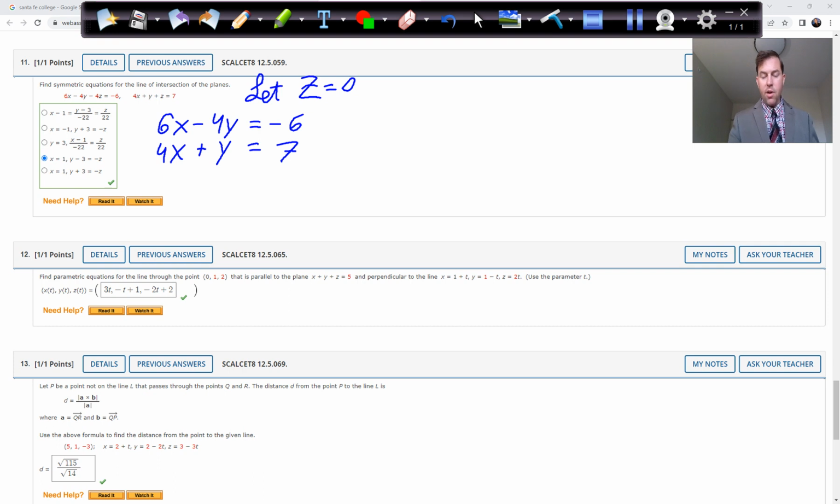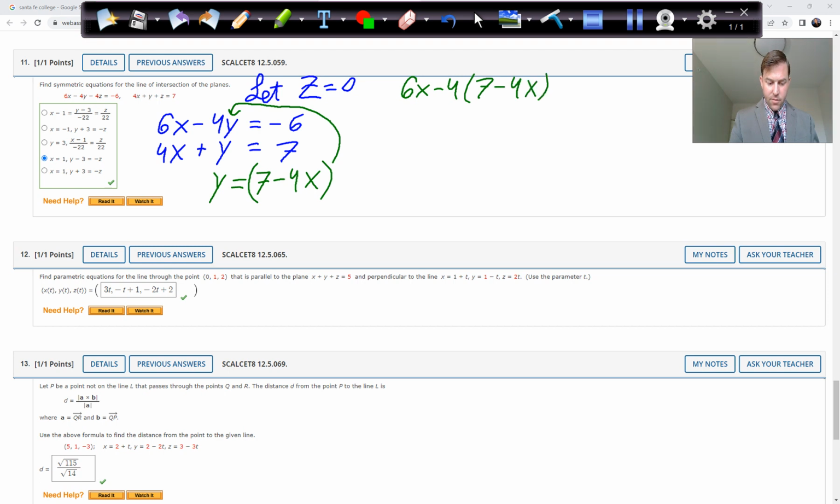Now there's multiple ways. This is two equations, two unknowns. There's multiple ways to solve it. I'm going to solve it using the substitution method for this one. So we're going to solve for y. This y from equation 2 would be 7 minus 4x. Then I'm going to take that and replace it into this y right here. So we would have 6x minus 4 times y, but y is 7 minus 4x, equals minus 6.